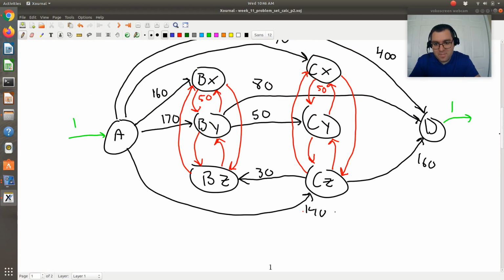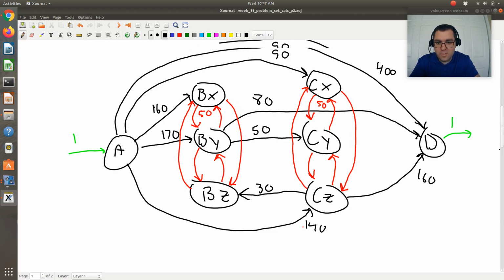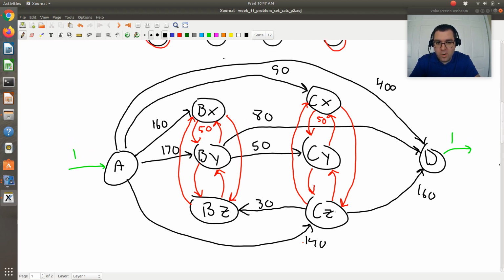Good. Okay, now let's get to B. B is going to be a little longer because now we have all of these transfers. Okay, so let's start with in. So what's going in? Well, let's just look at flights first. All right, let's list our flights going into B, and then we'll list our transfers going into B as well. So flights going in are going to be ABX, ABY.